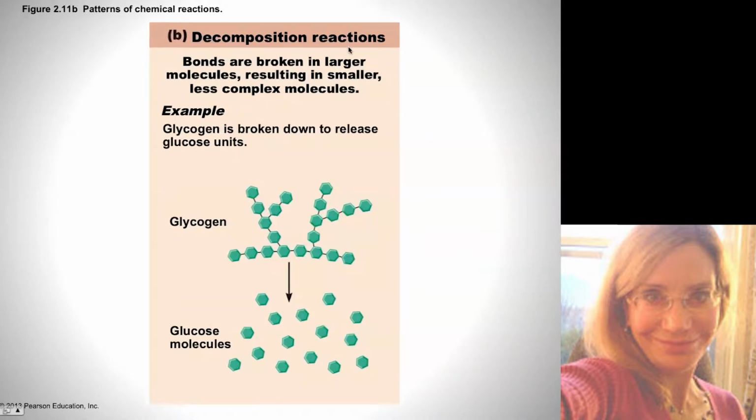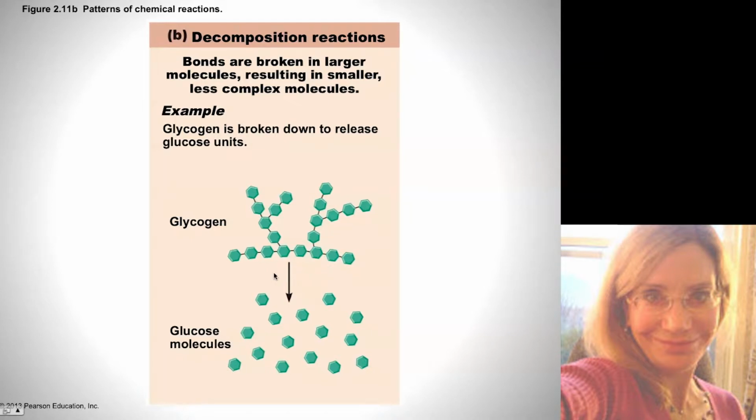A decomposition or catabolic reaction is when the bonds are broken in larger molecules, resulting in smaller or less complex molecules. The example here is when the polysaccharide glycogen is broken down into smaller glucose molecules. And this happens in our liver.